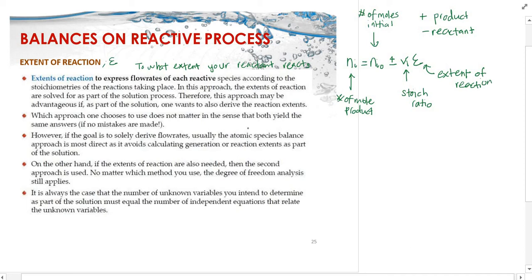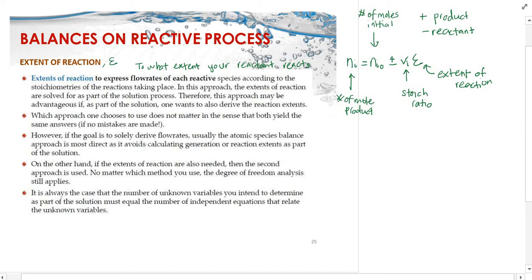The concept is almost similar to fractional conversion, but in fractional conversion the unit is a percentage, while for extent of reaction, calculated using this formula, the unit is moles.